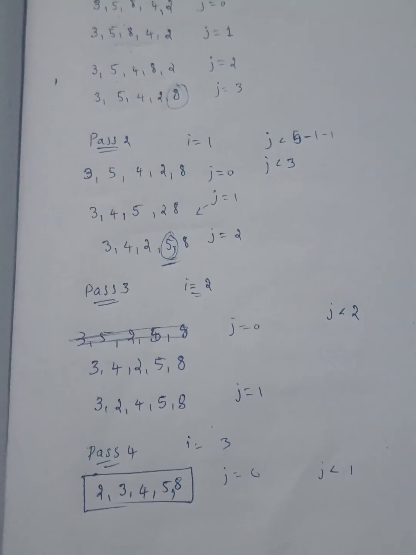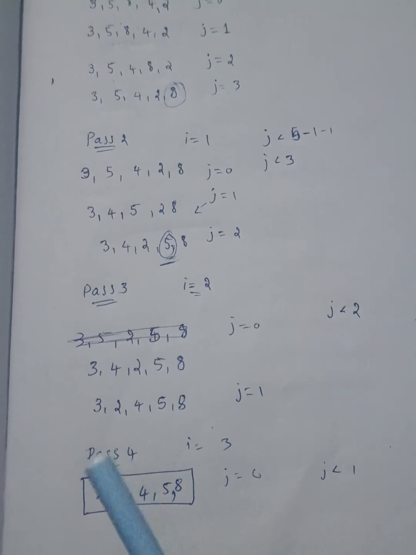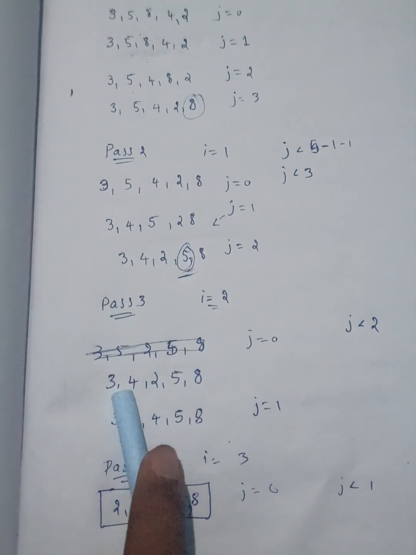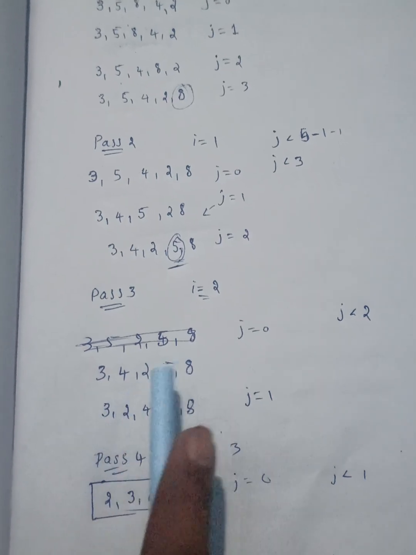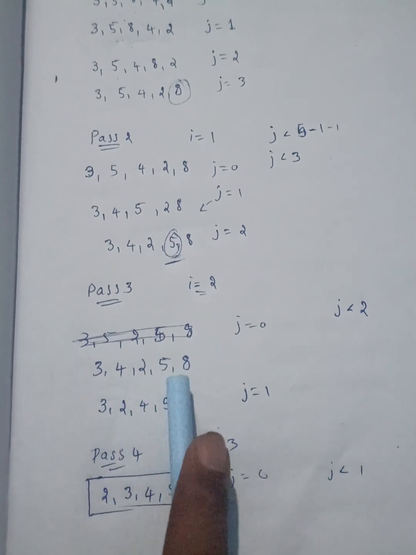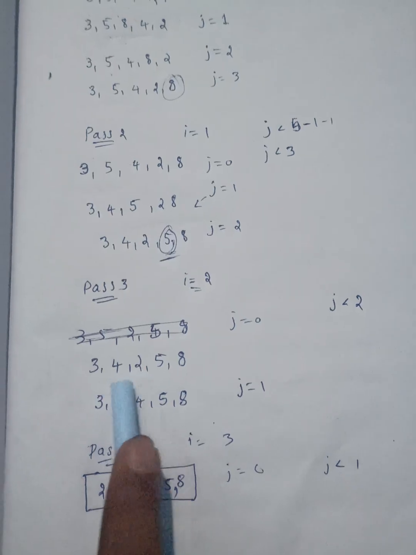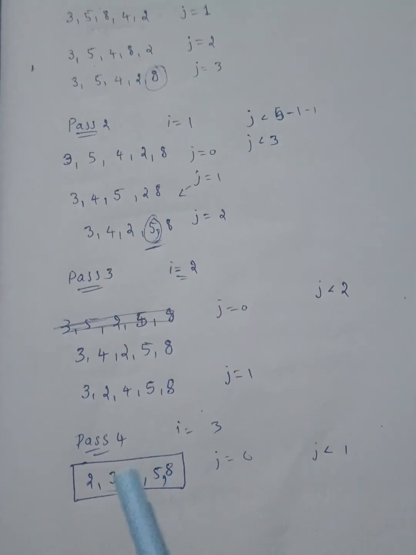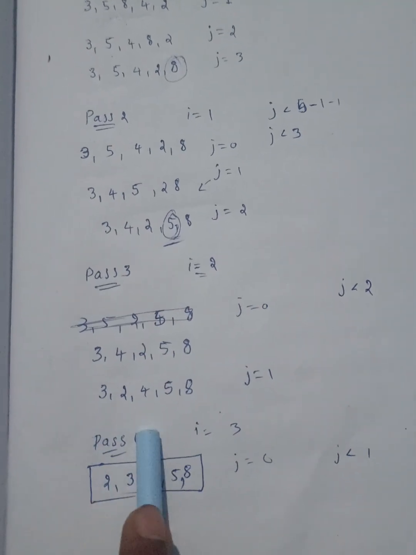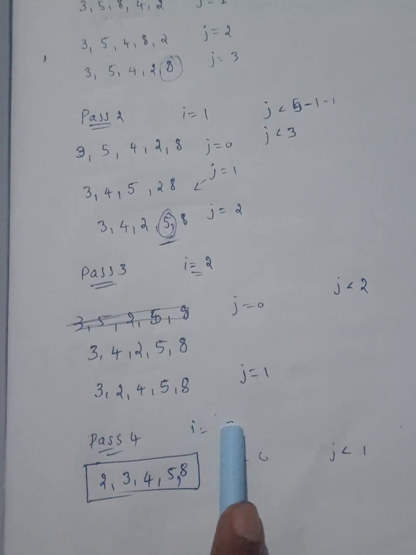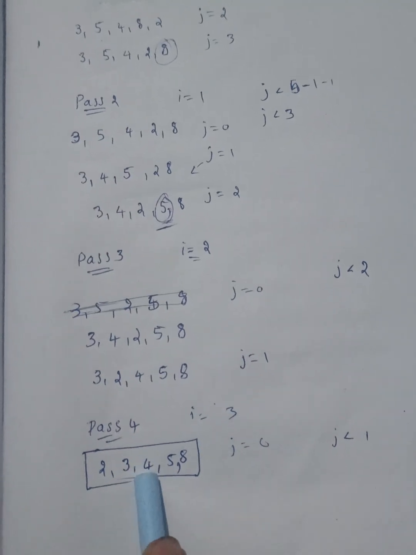Now pass 3. We check adjacent elements, which are in correct order. Now again we check adjacent elements, which are in wrong order, so we swap: 3 2 4 5 8. Now pass 4.